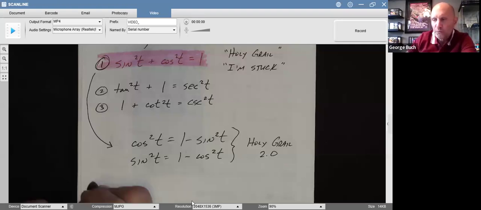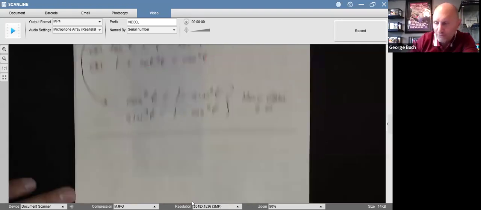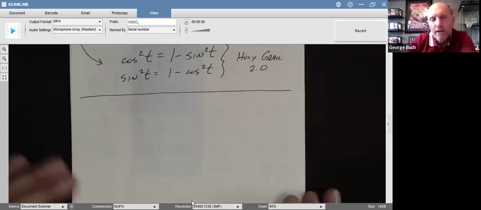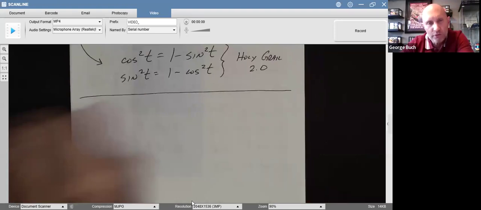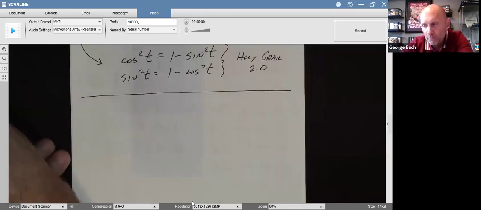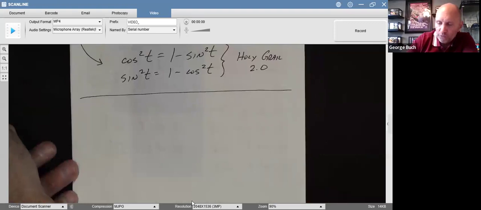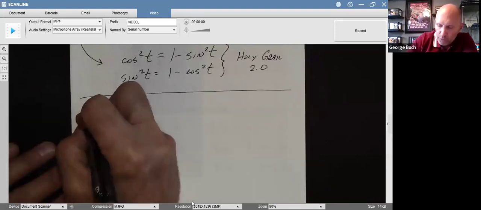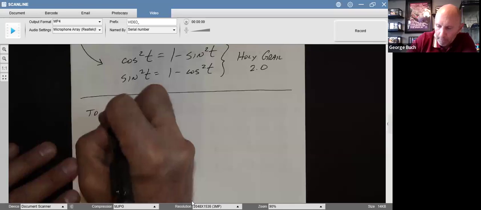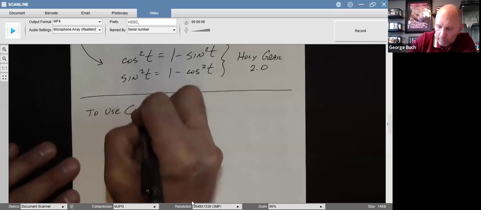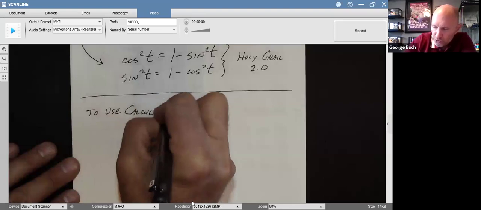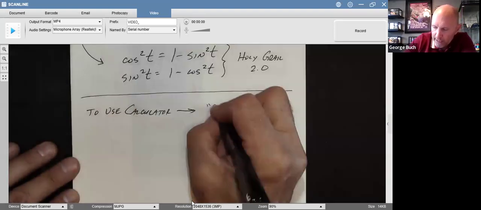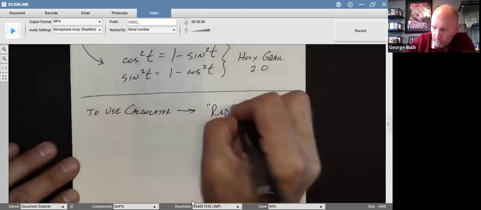And so the last thing I just want to point out here for this lesson, you're going to have to start using your calculator to solve some of the problems that you're presented with. So to use your calculator, make sure you are in radian mode.